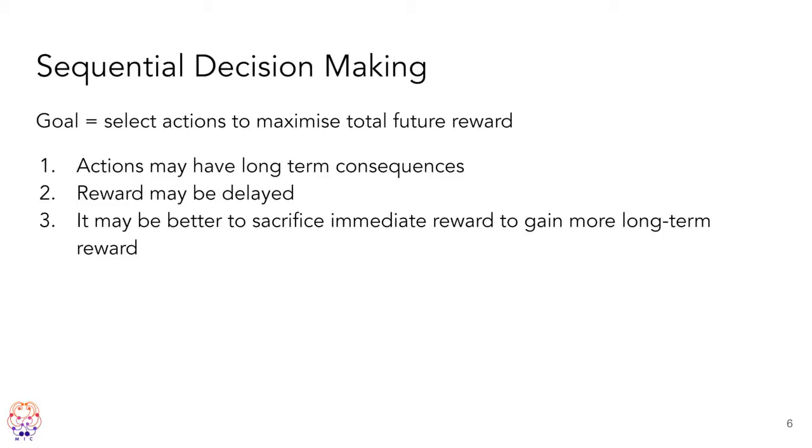Or a robot might do something seemingly random, but in the end it took one incremental step toward its goal. And then it might be better to sacrifice immediate reward to gain more long-term reward.